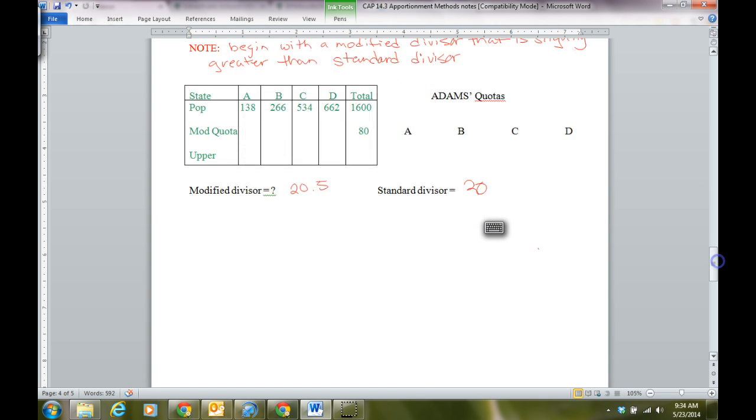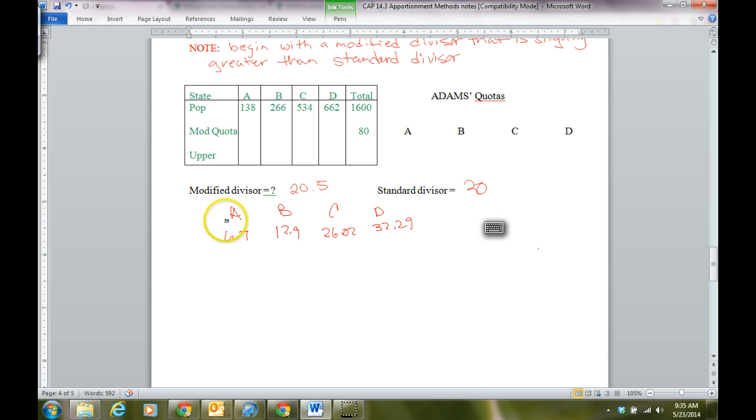If we divide 138 by 20.5, we get an A value of 6.7, a B value of 12.9, a C value of 26.02, and a D value of 32.29.